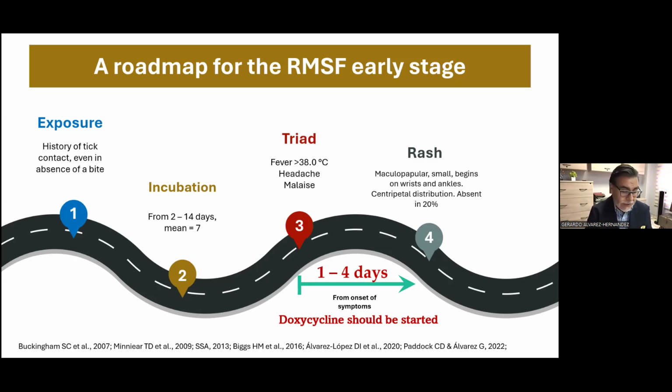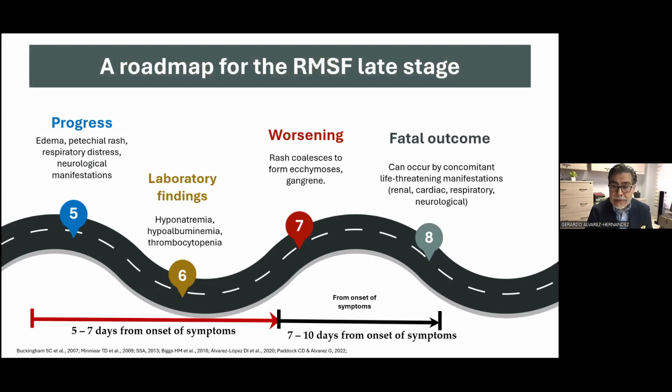In the following part of the roadmap, as the disease progresses, the latest stage that lasts from the 5th day and thereafter corresponds to the critical and severe manifestations, including edema, petechial rash, respiratory distress, and neurological manifestations.